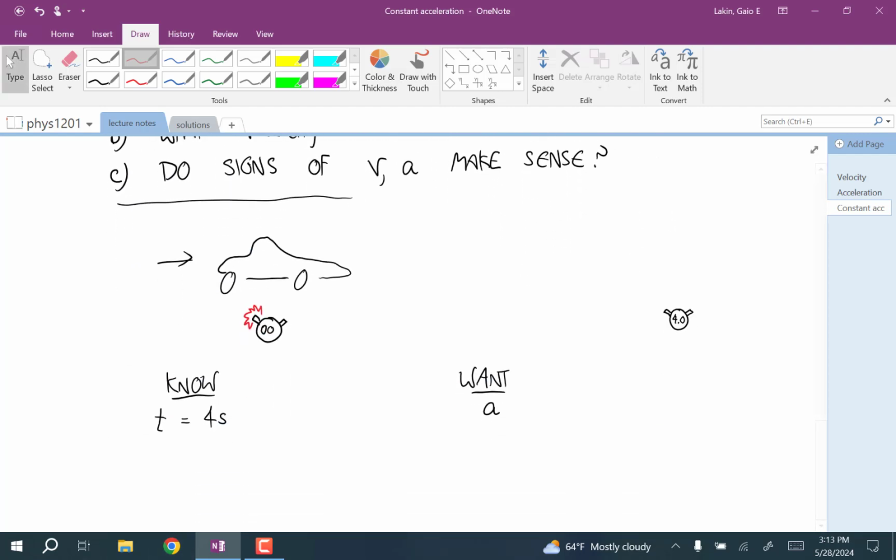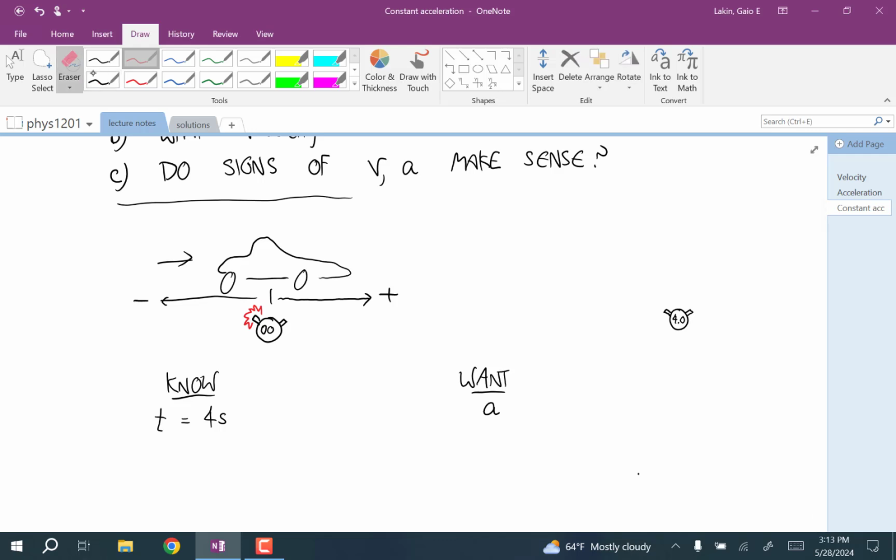The position, do we know the position when the stopwatch says 4 seconds? Well, we know it's traveled 100 meters. We know that this is the 0 of our number line. We have to choose a direction that we're going to call positive and one we're going to call negative. We might as well choose the positive to be the direction it's moving.